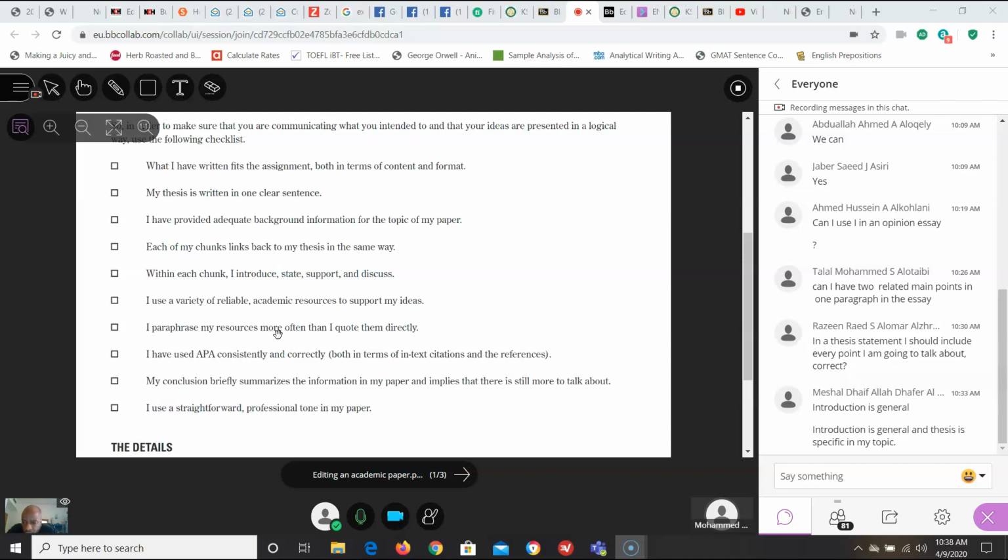So your block book also, I believe, talks to you about how to structure your paper.